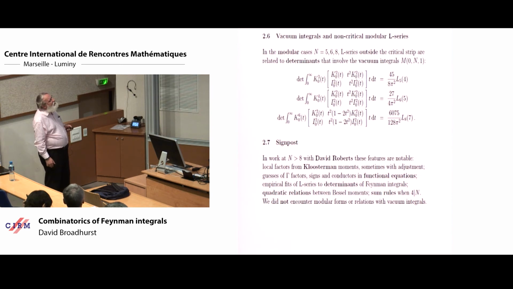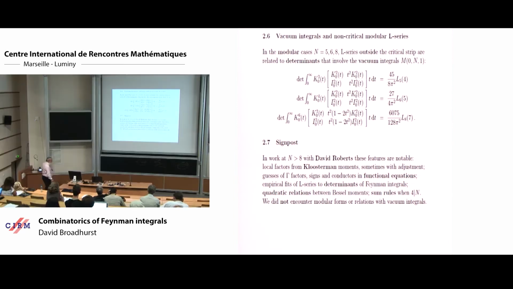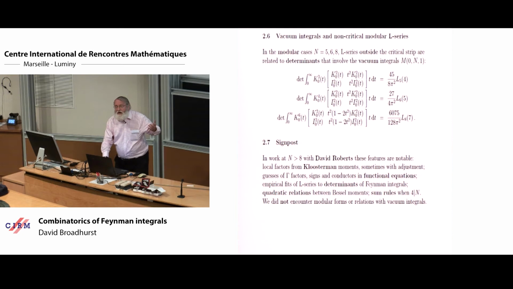And also, inside the big determinants we were taking, there were quadratic relations between Bessel moments. And there were also some rules when the number of Bessel functions was divisible by 4. And we found that we could go deeper into the connection between periods, integrals that come from Feynman diagrams, and L-series than anyone had gone before in comparable contexts.